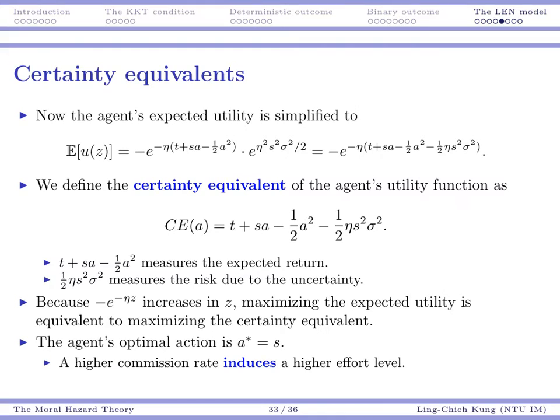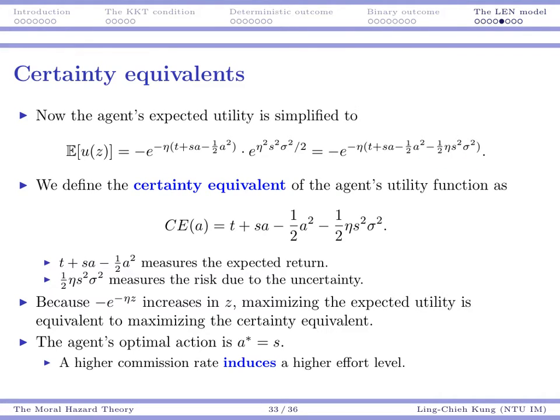So once we have this, the agent's expected utility can be further simplified. We have the one constant term outside the expectation, and the expectation gets to this if we replace r by negative eta s. Okay, so then we combine the two terms and get this one.